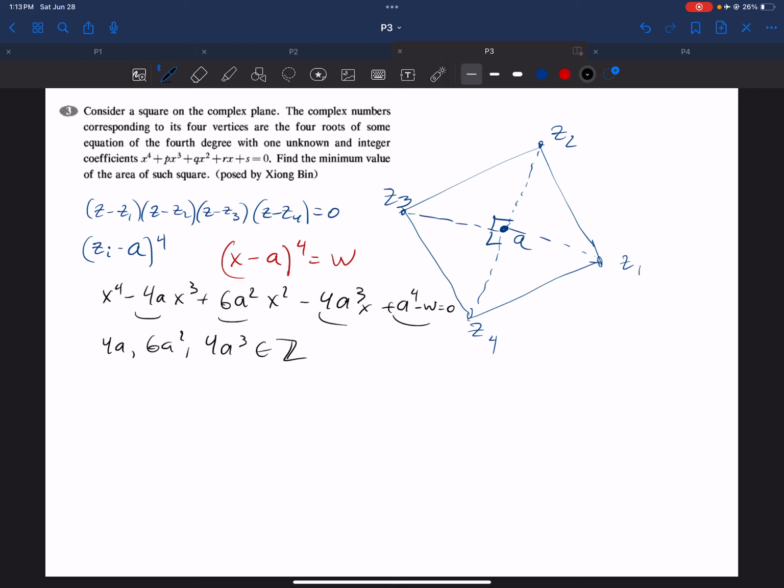For a cubed is 4a times a squared. This is an integer, for a cubed is an integer, for a is an integer. Can a squared be not an integer? Can it be a rational number?